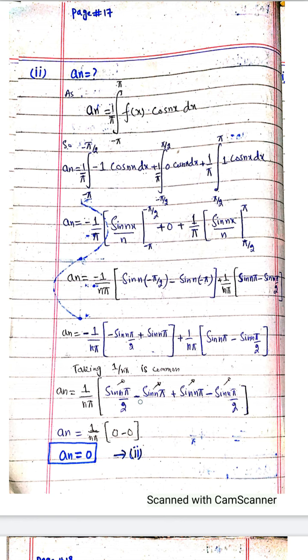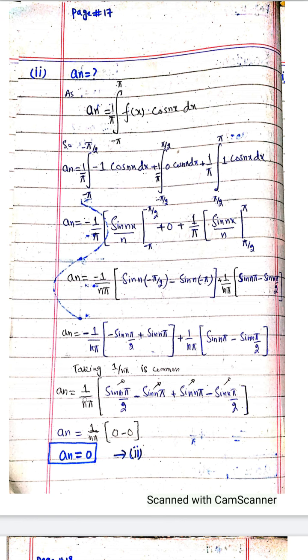First I will write this sign: this minus multiplied by minus is plus, and this minus multiplied by minus. We will take 1 over n pi, so here we will get sin n pi divided by 2, here minus sin n pi, sin n pi plus sin n pi, this minus sin n pi.